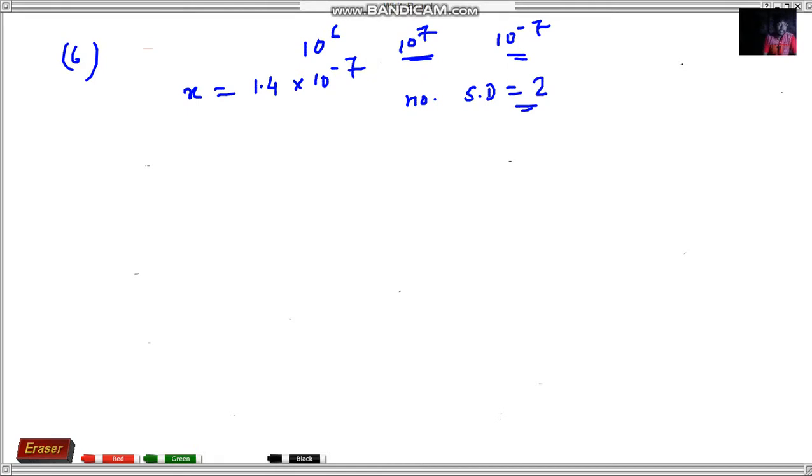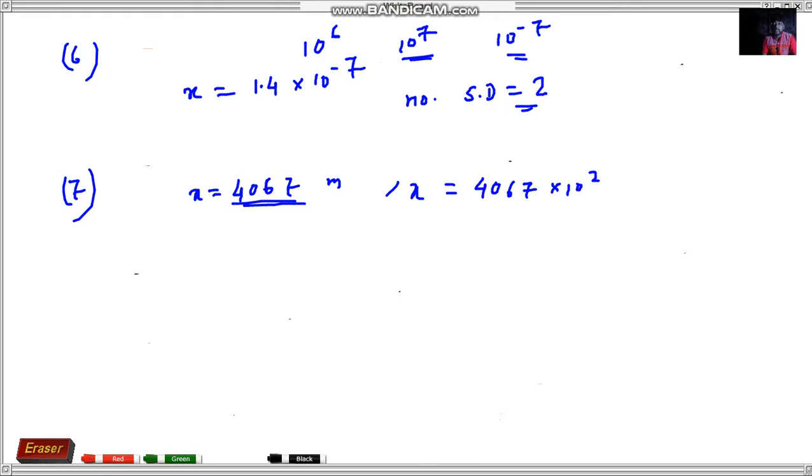And rule number 7 is very important: if we change from one unit to another unit, like 4067 meter, x is equal to 4067 meter, if we change it to centimeter, it will be x is equal to 4067 into 10 to the power 2 centimeter. So these are not counted as significant digits, so the number of significant digits will not change.